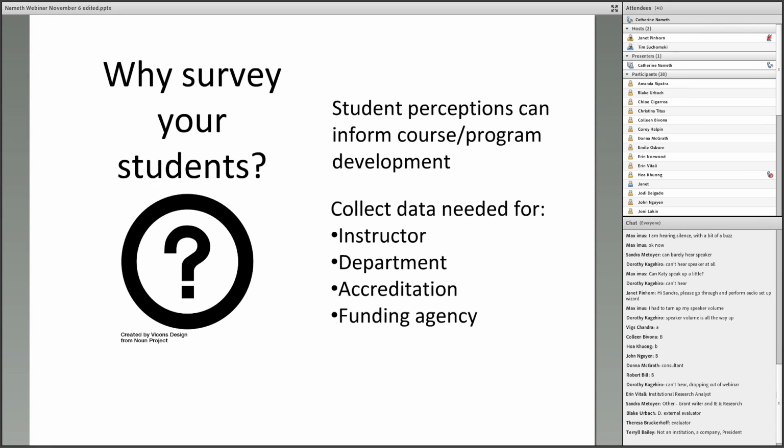And also, you can survey your students because we need to collect data we need. The data needed might be for the instructor, for course development, instructor development. It may be for the department. It may be also and/or for accreditation, which most of us, I think, go through about every 10 years or so. And we also collect this data for our funding agencies, those of us that have to be accountable in that way.